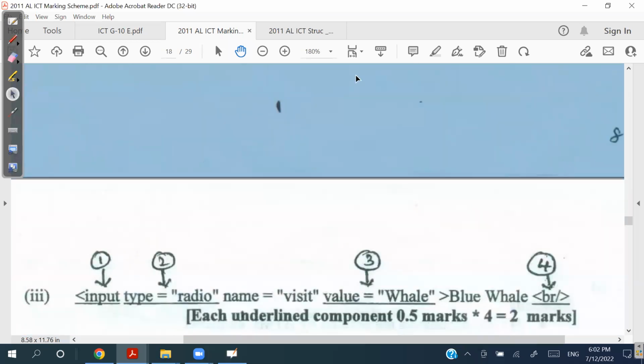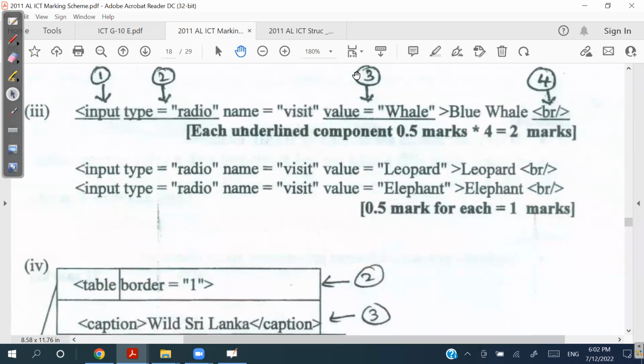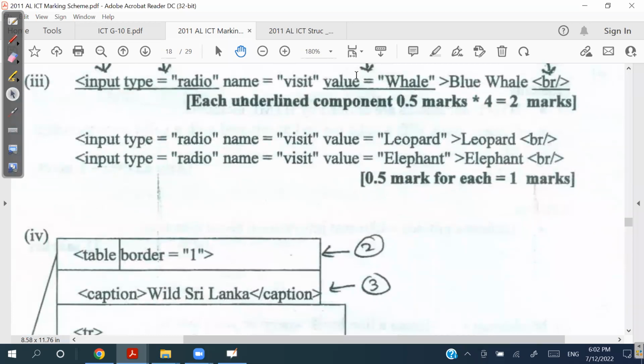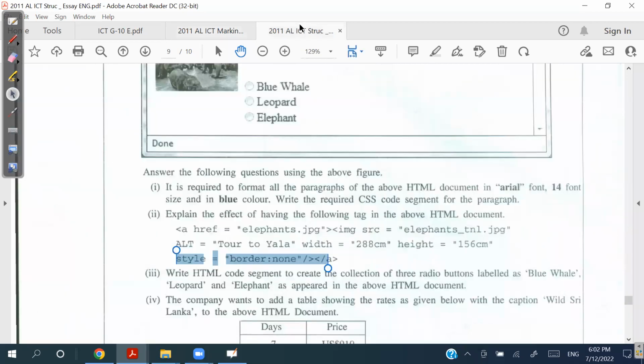And now we are going to the coding part. They were asking you to write the coding for the radio buttons part, right? So when you are writing the code, remember the radio button comes first. That means the input type thing should be first.